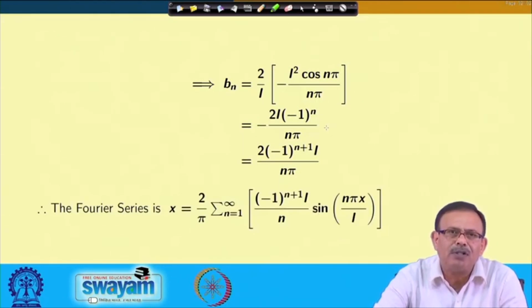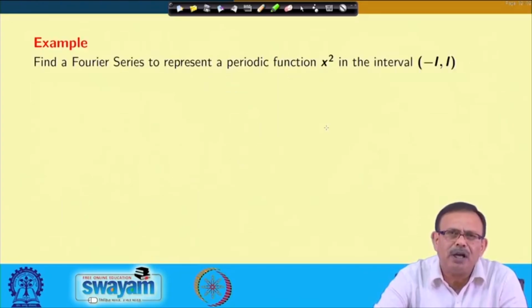So, the Fourier series of the function can be written x equals 2 by pi summation n equals 1 to infinity value of b_n. So, I hope it is clear how we are finding out the Fourier series of a function when it is defined in some arbitrary range minus L to L.